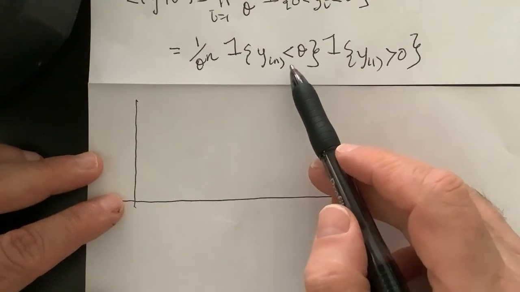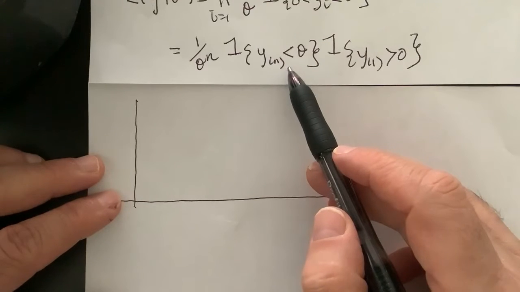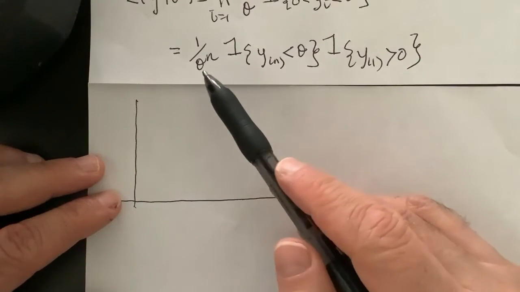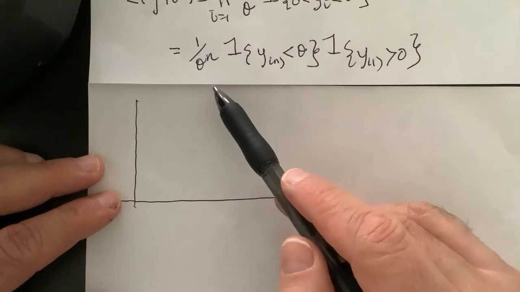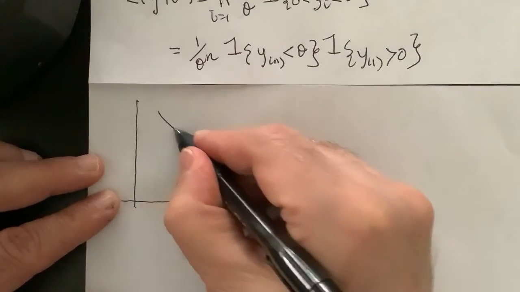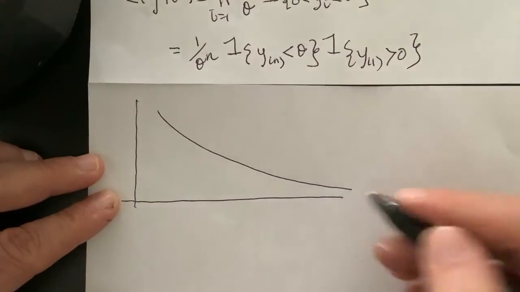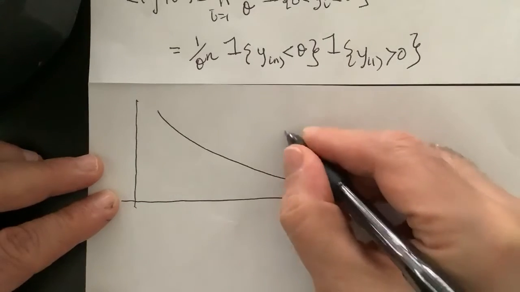And if yn is greater than theta, then the likelihood is 0. Otherwise, it's just 1 over theta to the n. This is the function 1 over theta to the n.